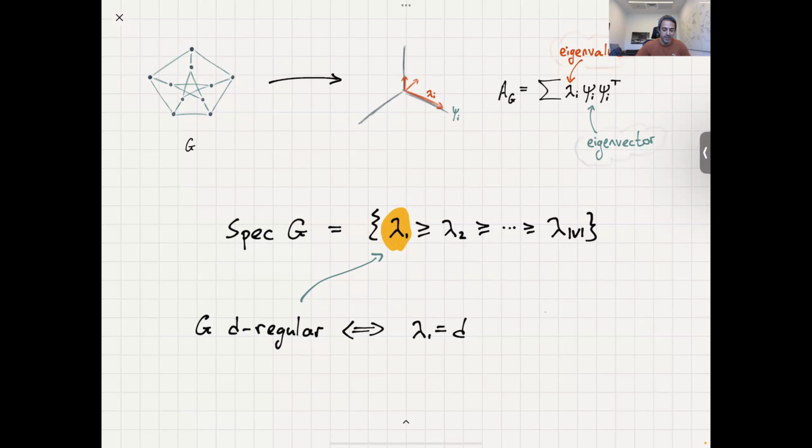For example, the largest eigenvalue, lambda_1, encodes information about the degrees of the graph. For the purpose of this lecture, let me just mention that G is a D-regular graph, namely every vertex has D neighbors, precisely when lambda_1 equals D.